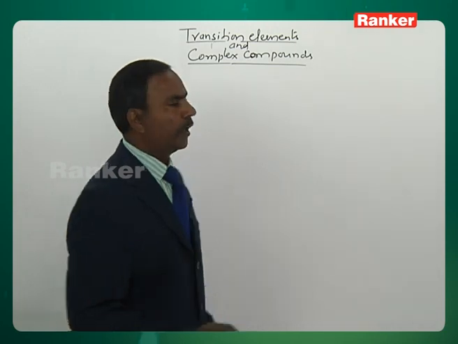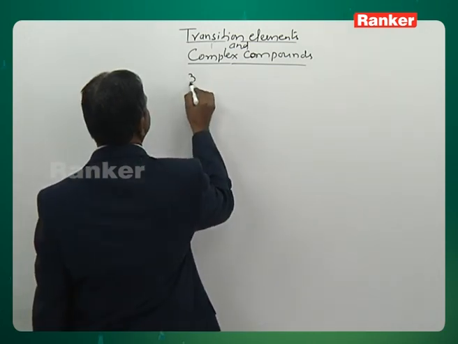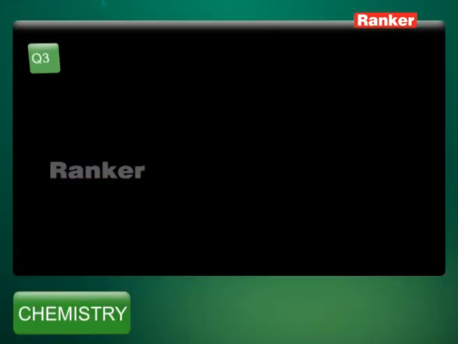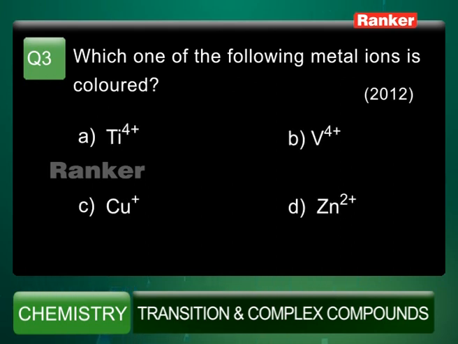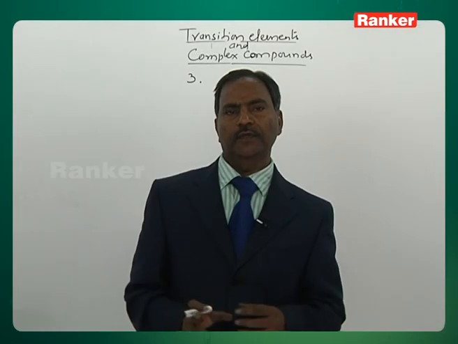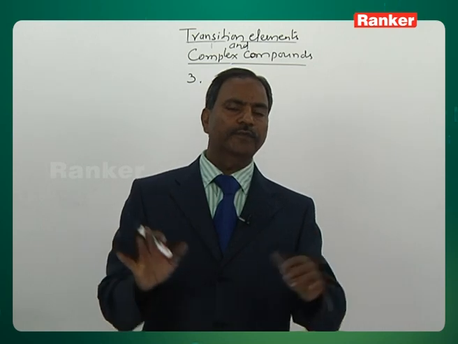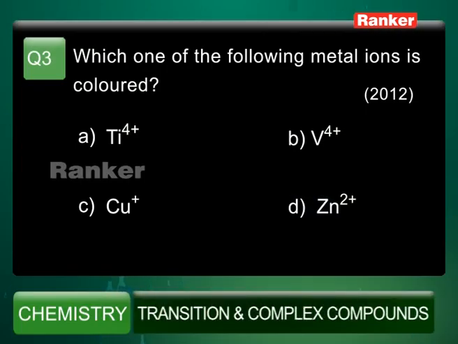Coming to question number 3. Which of the following metal ions is colored? See, once a question is on colored, clearly observe the options given. Which metal ion is carrying unpaired electrons? Coming to option A, titanium plus 4. You know, titanium plus 4 is d0, no unpaired electron. Coming to B, vanadium plus 4.